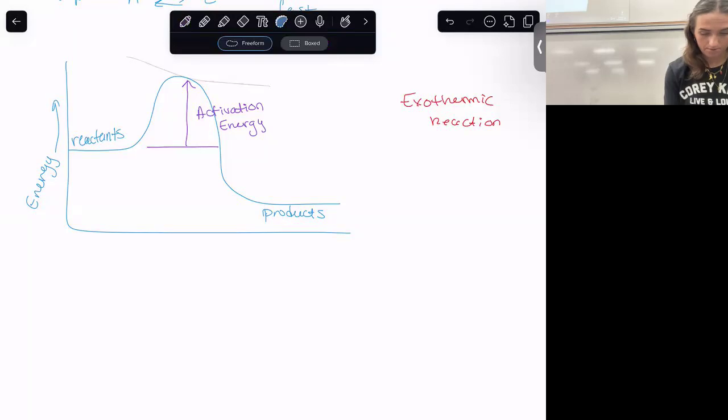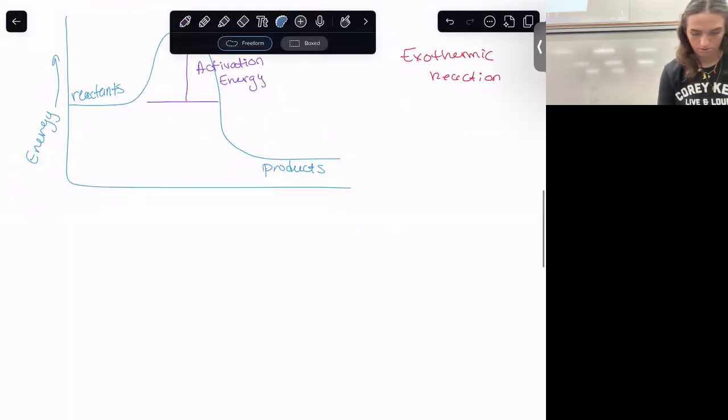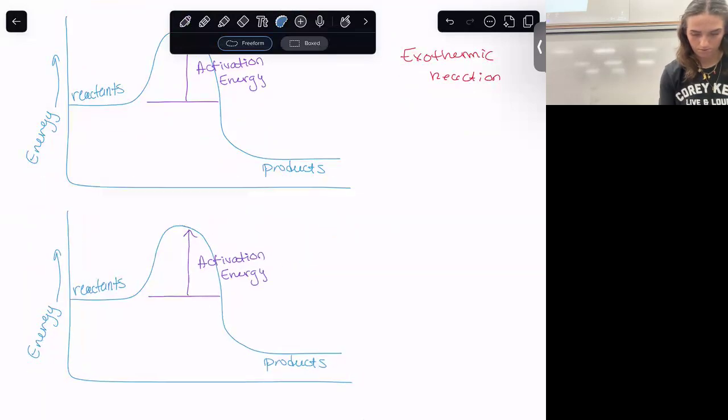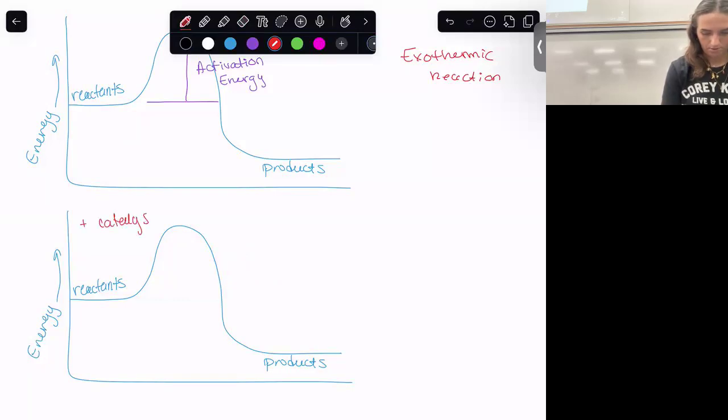If we were to add a catalyst, it provides an alternate pathway.